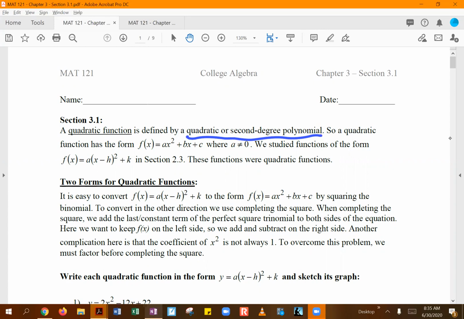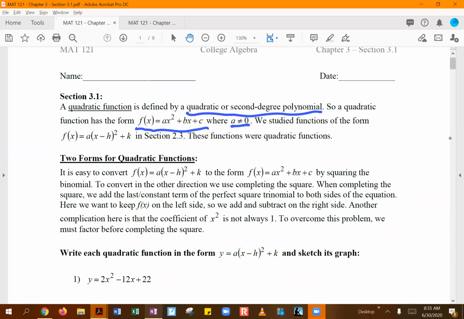So the general form of your quadratic function is actually going to look like this. f of x equals ax squared plus bx plus c. And of course, we put a restriction by saying that a cannot equal 0. Because if a becomes 0, then 0 times x squared will become 0, and you will lose the quadratic form of your function. So to keep that, we put the restriction that a cannot be 0.